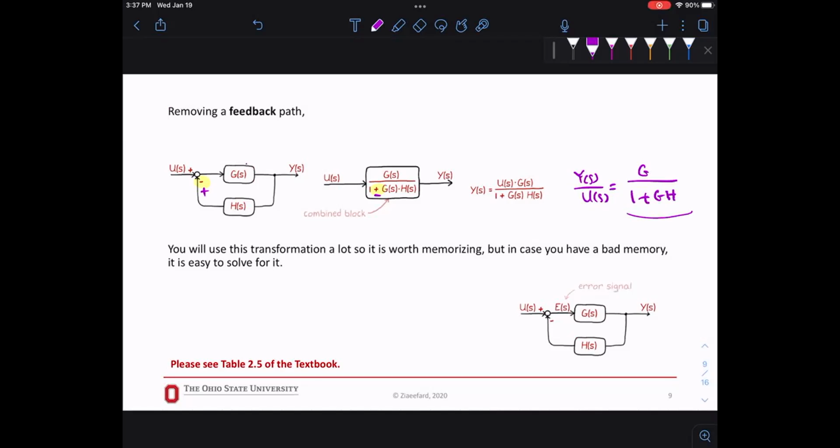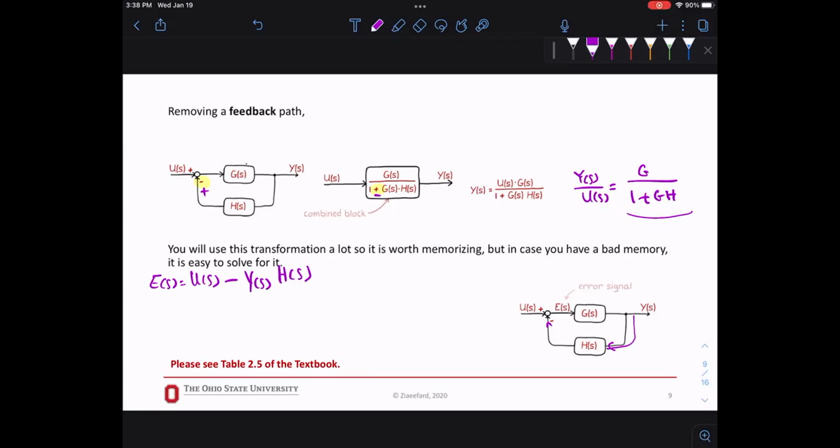All right, so to derive that, I'm going to do it quickly. Here you have E(s), your error, which is going to be U(s) minus, because this is the signal, Y(s) times H(s). Correct? So this is the error.